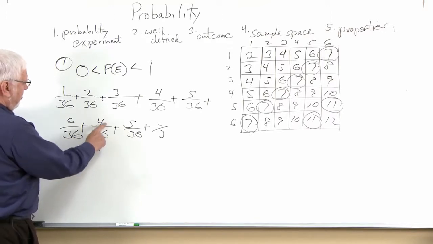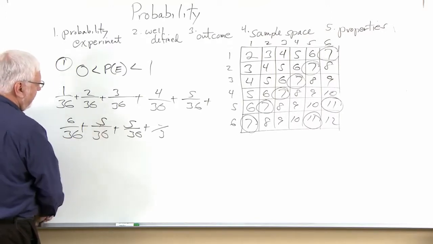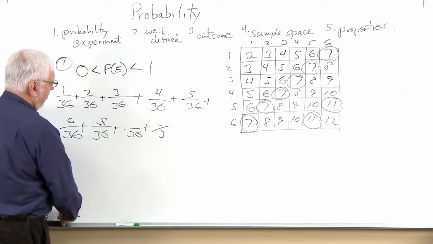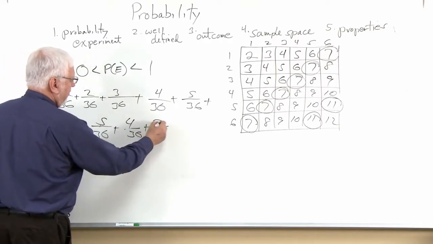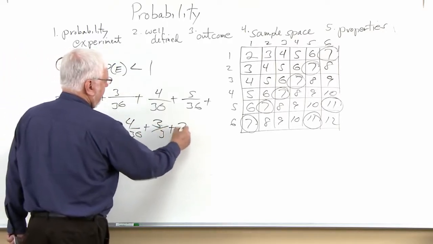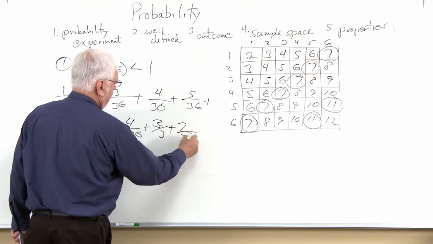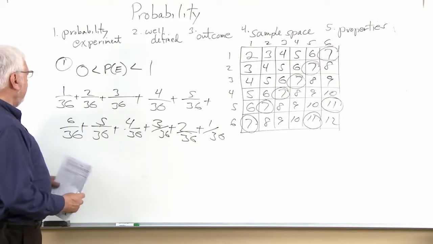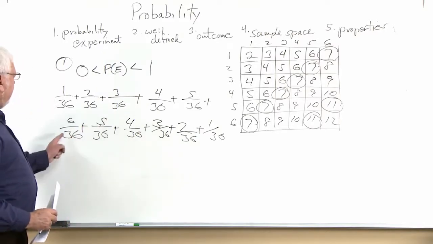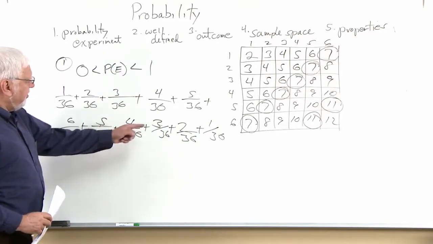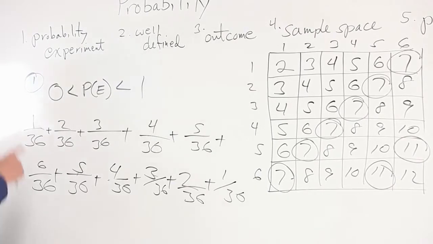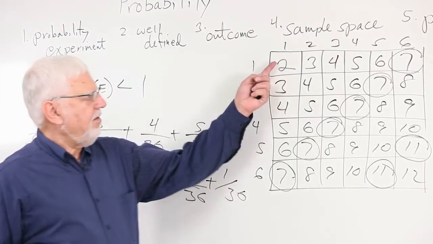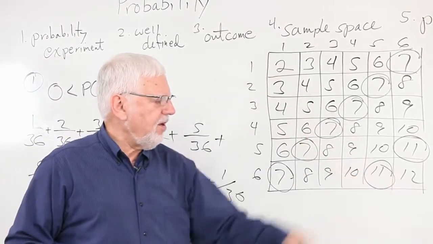The 8 starts to go back down to 5, 4, 3, 2, and 1. So it's 1 through 6, and then backwards 6, 5, 4, 3, 2, 1. And you're going to get one of those numbers, 2 through 12. You'll get one of those numbers.